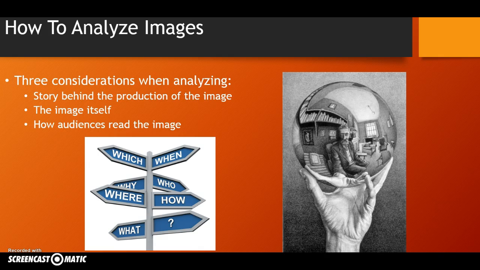What stories do the viewers assign to the image? And captions. Maybe there's a caption underneath that helps to guide in the viewing, where the spectator is positioned, and just other issues related to the reception.